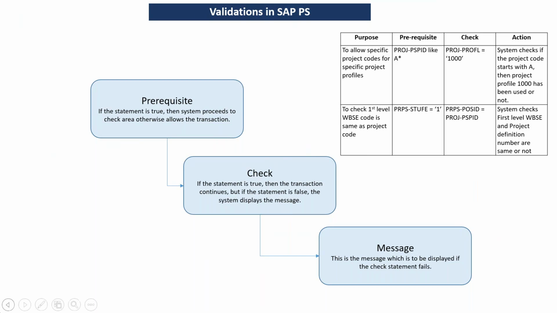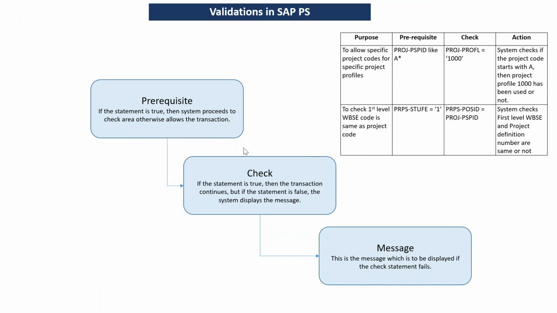In the first step, if the system finds that the profile is ABC, it comes to the check and checks who the person responsible is. If it is Ravi Kumar, it proceeds further. If it is not, it shows a message that this condition is not met, please maintain Ravi Kumar as person responsible. Likewise, you can keep the message here.